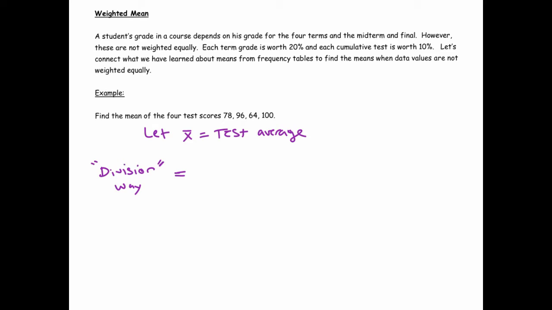So the division way just means add up your 4 numbers and divide by 4. Pretty straightforward. Now, I'm going to actually rewrite this in a way that's going to tell us how to do it the decimal way. So this can be written as 78 divided by 4 plus 96 divided by 4 plus 64 divided by 4 plus 100 divided by 4.